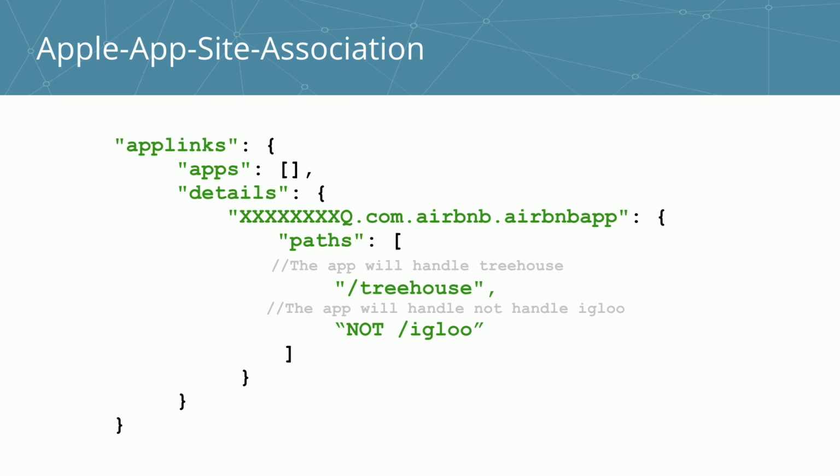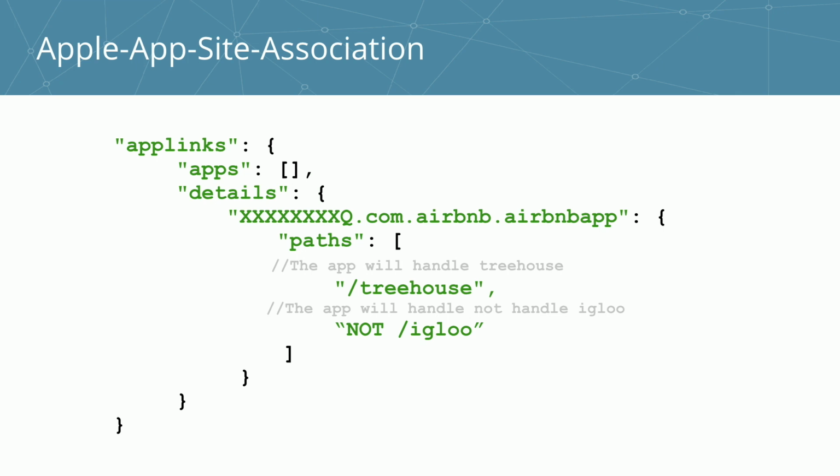What this Apple App Site Association file looks like, it was actually used previously, but in iOS 9 they began using it for universal links. Now, you have a section called app links, and in the details section, it's just a normal JSON file. You can specify all of the application IDs that you want to associate with that website.